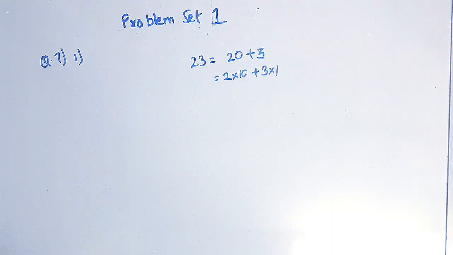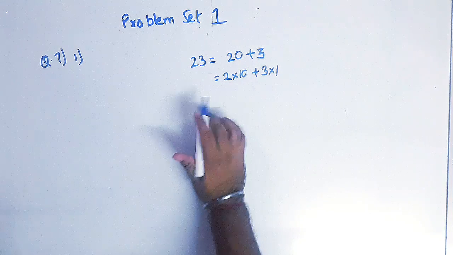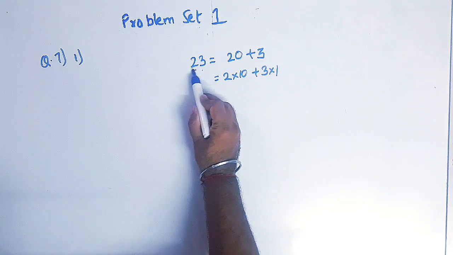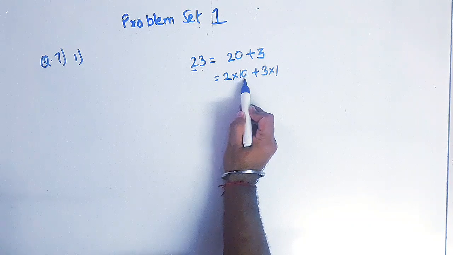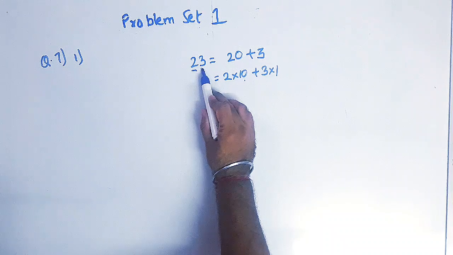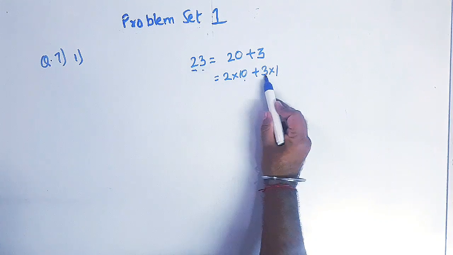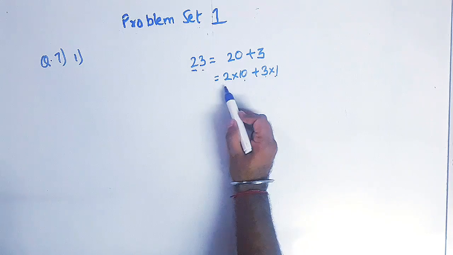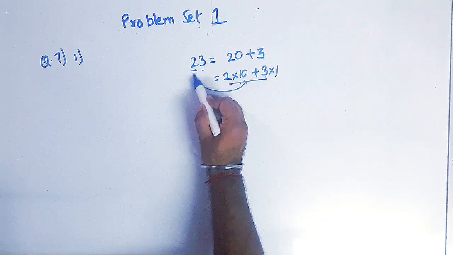That means the number which is in the tens place will be multiplied by 10, and the number which is in the units place or the ones place has to be multiplied by 1. Only then we'll get this number.